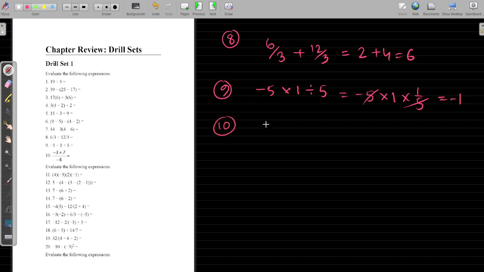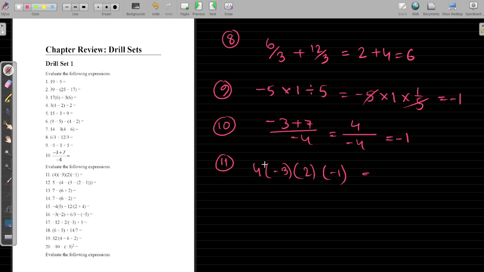Then number 10. 10 minus 3 plus 7 divided by minus 4. So this will be 4 and this will be minus 4. So our answer will be minus 1. Then number 11 will be here 4 multiplied by minus 3 multiplied by 2 multiplied by minus 1. So 12, 24.